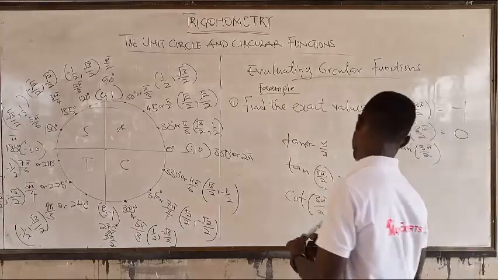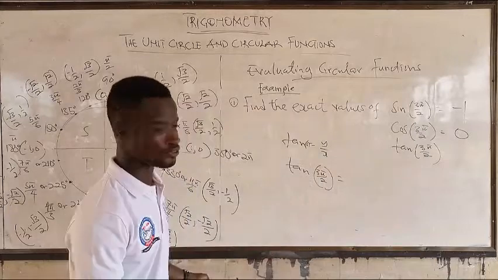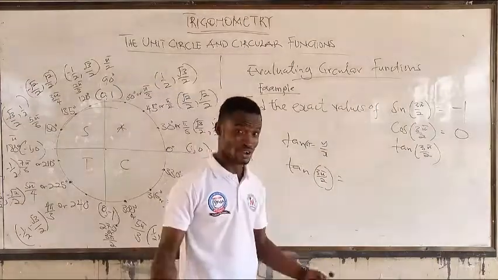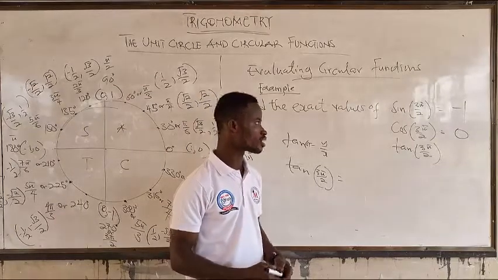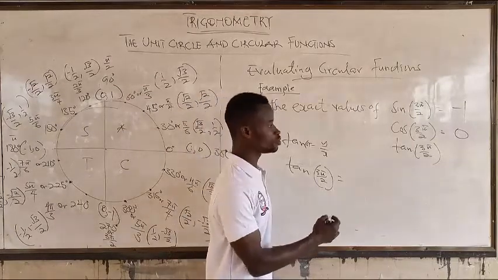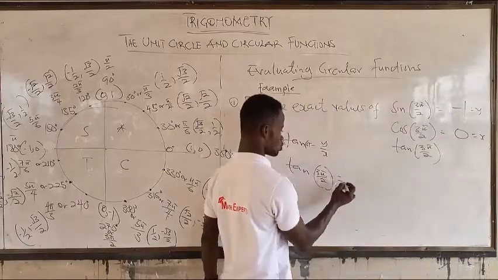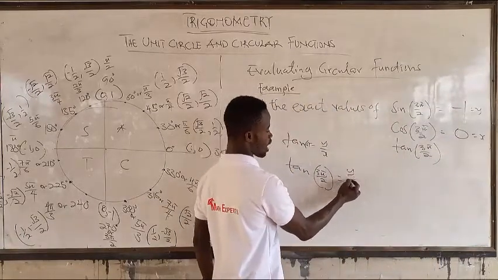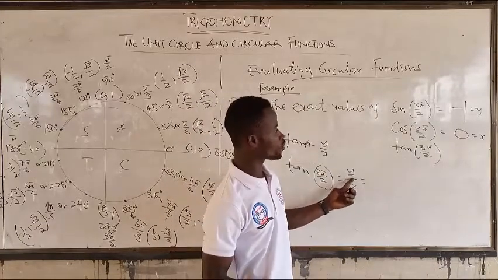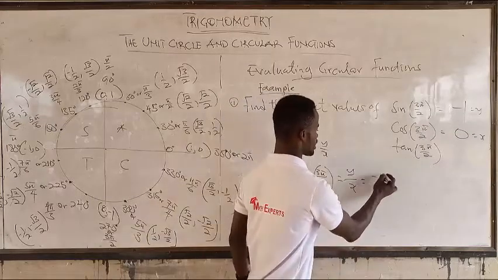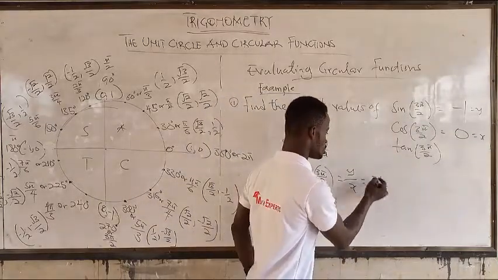I'm very sorry for that. And for us to look for tan, know that this is the y and this is the x, so the tan will be y over x. Therefore, the y is going to give you -1 and the x is going to give you 0.